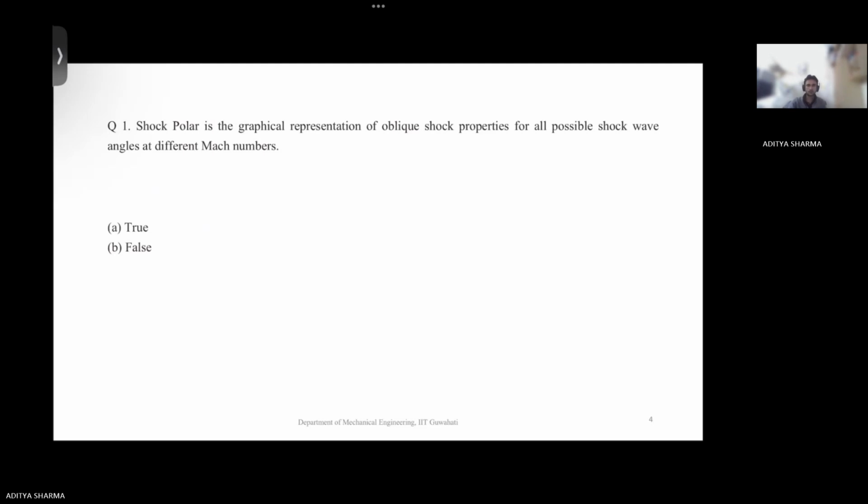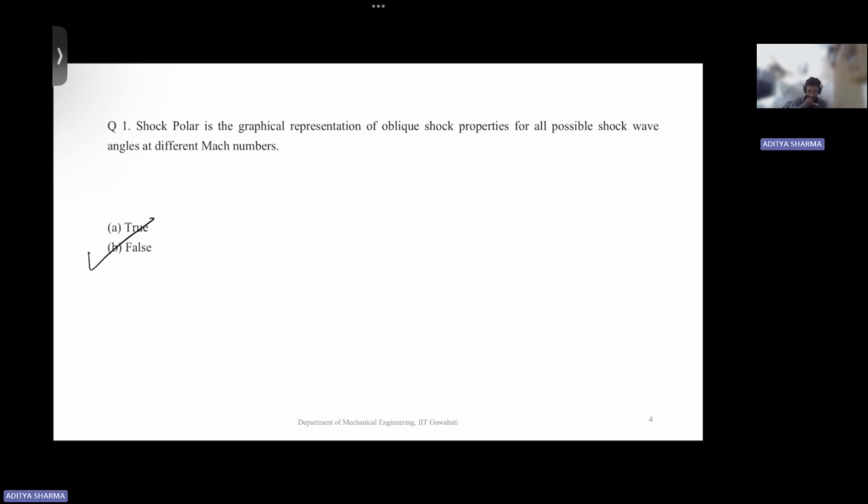So this says that the shock polar is a graphical representation of oblique shock properties for all possible shock wave angles at different Mach numbers. So this is for a single Mach number, right? This is related to deflection angle, and that too, the velocities.